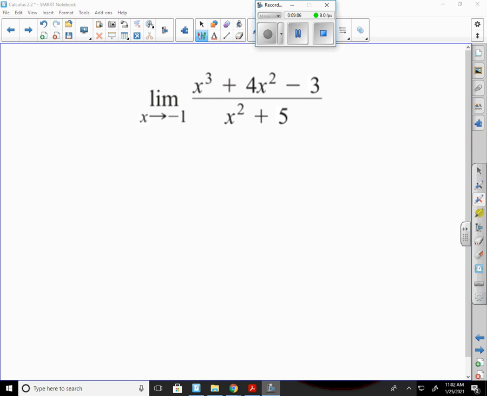So when I start this problem, I'm going to do the limit as x approaches -1 of, and then I can do the limit of each part separately.